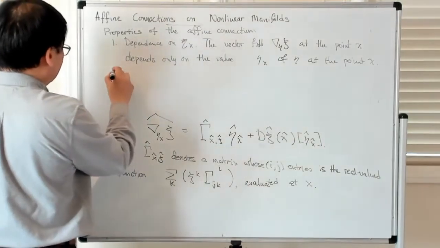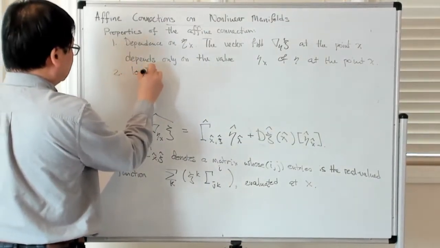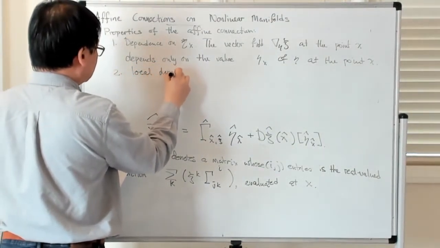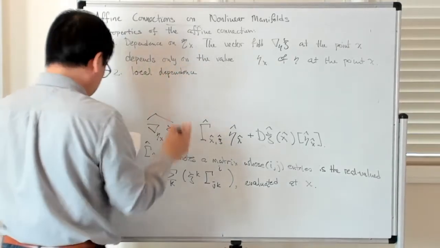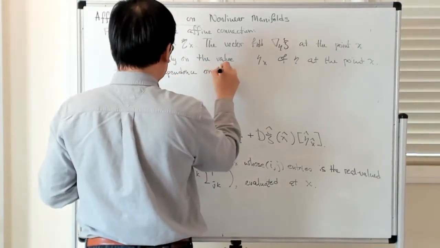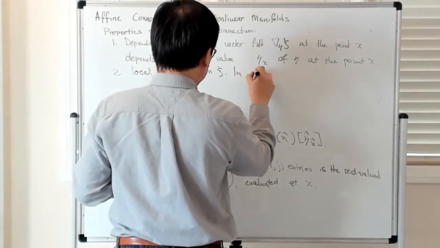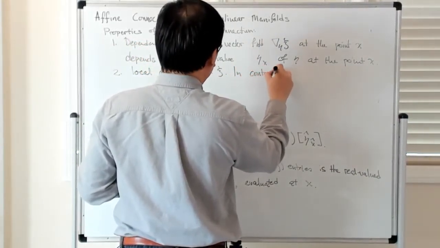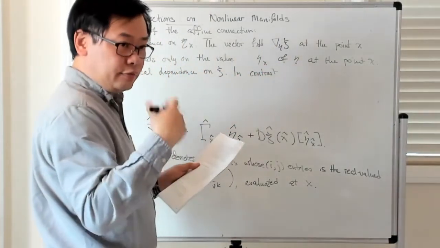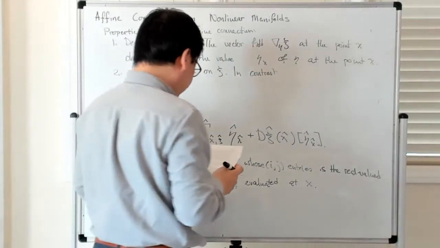Okay, the second thing is local dependence on c. In contrast, just a pointwise value of c is not enough. You need to have more information.